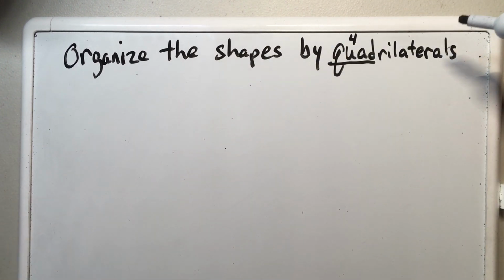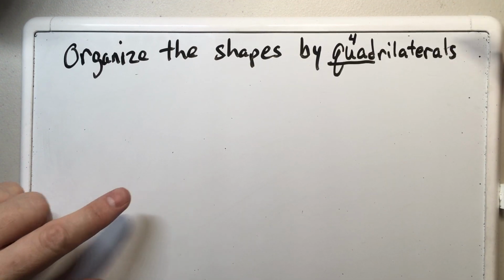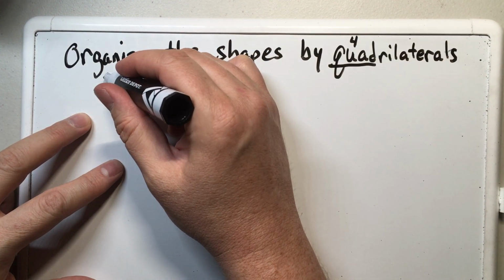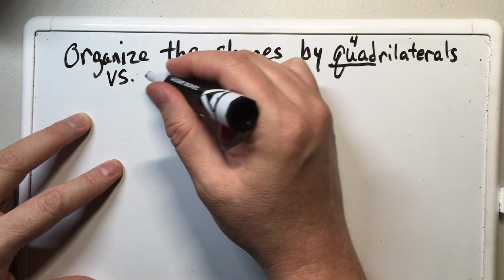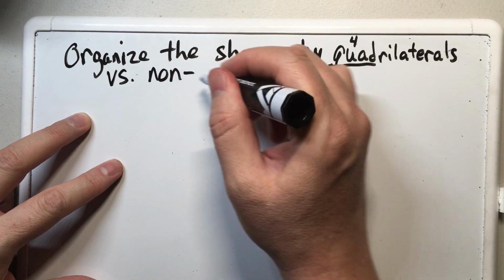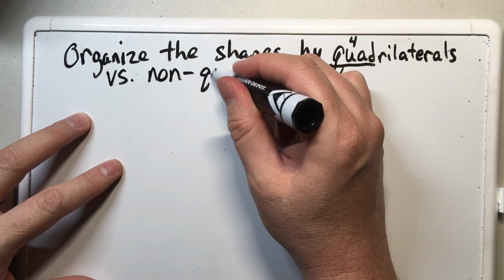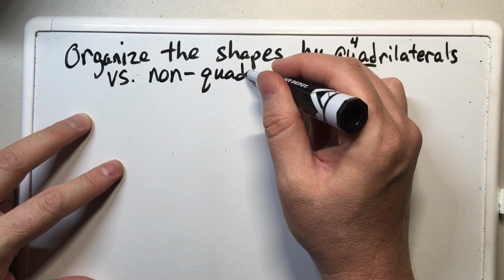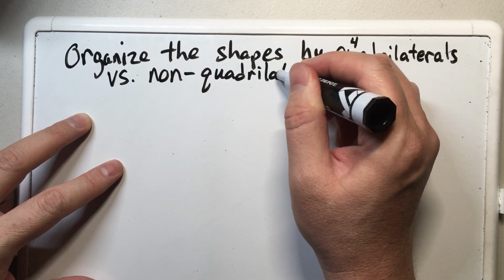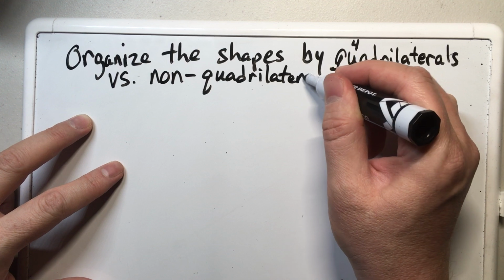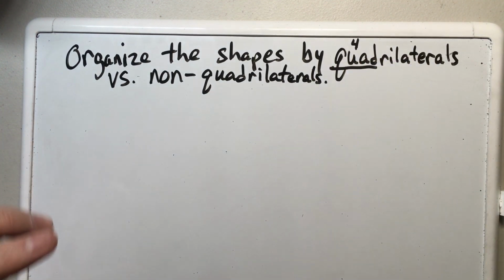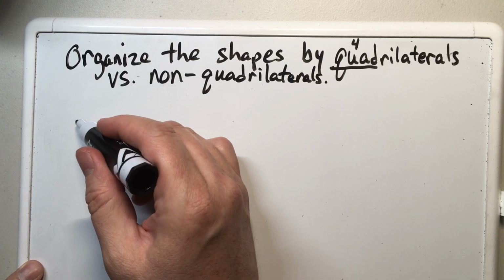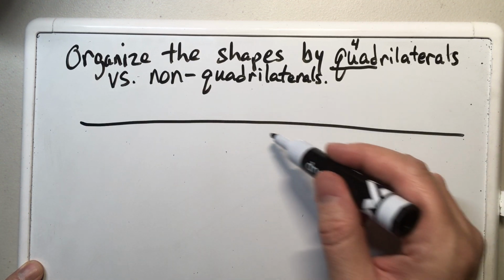So organize the shapes by quadrilaterals versus non-quadrilaterals. Okay? So you make what's called a T-chart. You go like this.